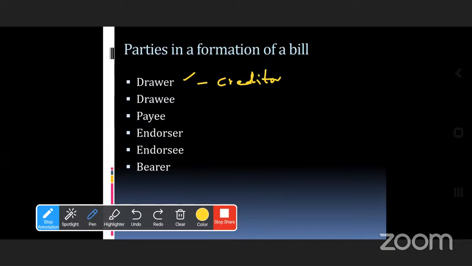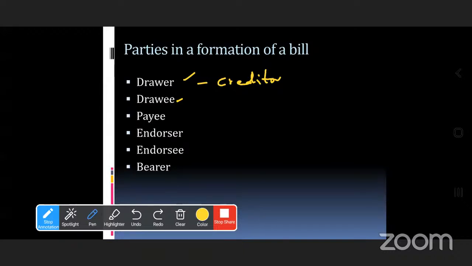Understood? So coming to the drawee. The drawee is an individual on whom the bill of trade is drawn for his acknowledgement. Typically, in the bills of exchange, we call this person a purchaser. And here, this drawee in the accommodation bill is the person who is in need of the finance.